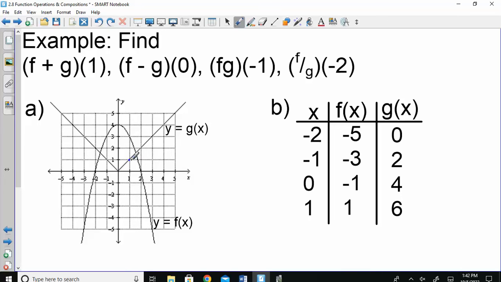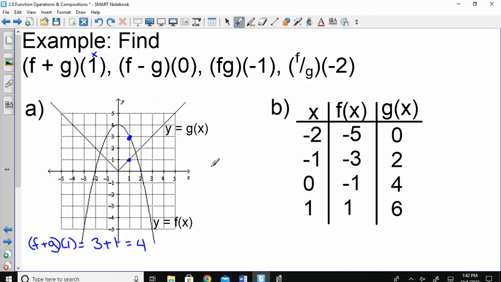Okay, so you're going to your graph. When x is 1, here's where we are. So this is saying f of 1. When x is 1, the y value of f is 3. g of 1, so when x is 1, the y value of g is 1. And 3 plus 1 is 4.